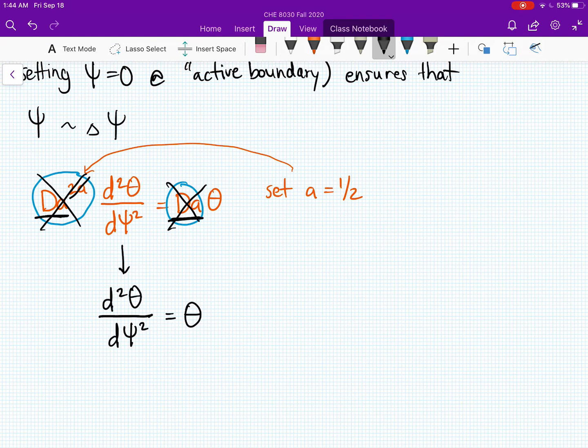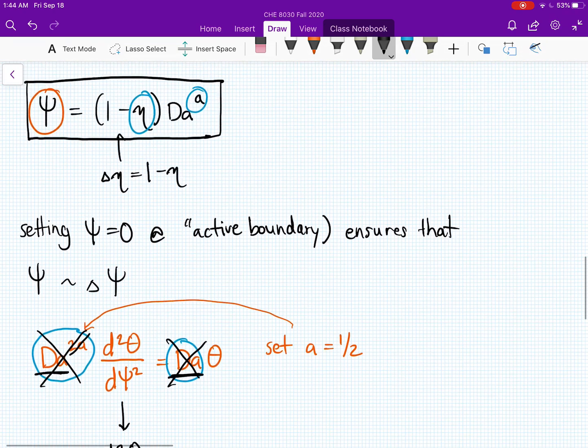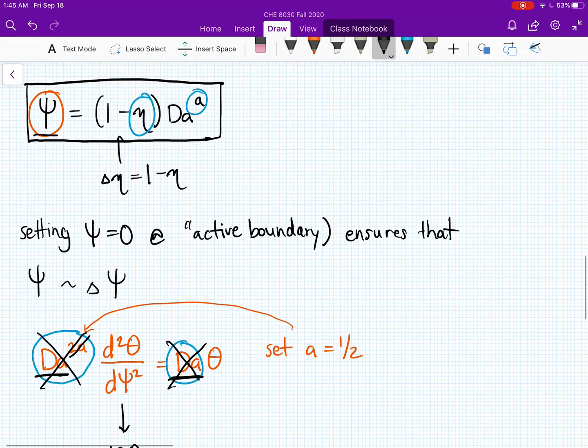So now we have a differential equation where we should feel a bit more comfortable of the length scale because we have removed the troublesome parameter from our problem by defining this new variable for our transformed length scale.